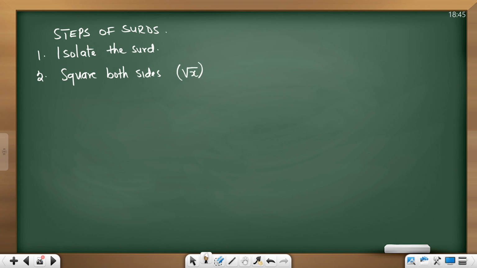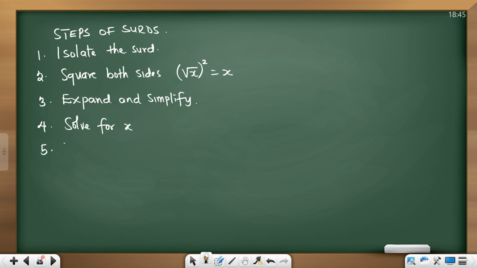Once you do this, it gives you x. Number 3, expand and simplify. Please be careful when you do this part. Number 4, then you solve for x. Now, number 5, you test the value of x for validity.